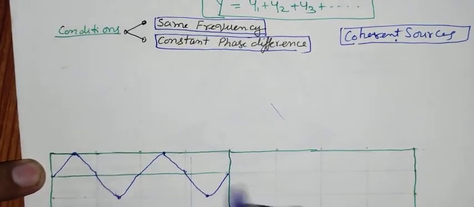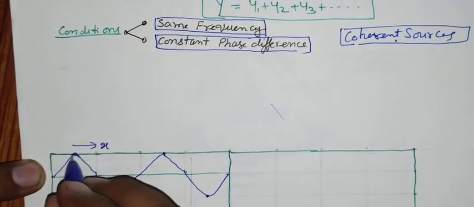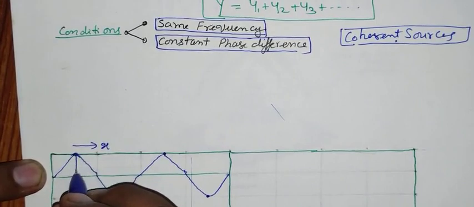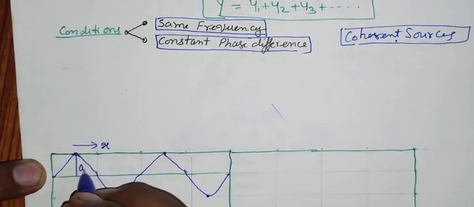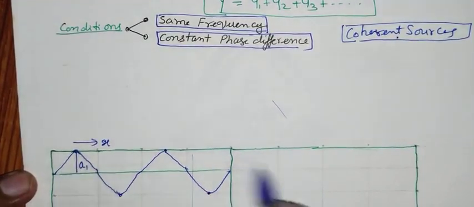A wave traveling along the x-axis, its maximum displacement is given here as A1 in this direction.